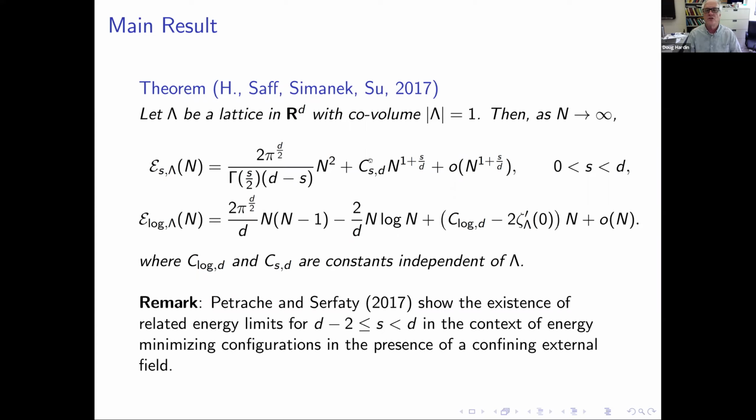And we get that these two constants, CSD, and then, in the case of S is 0, the log constant, don't depend on the periodization lattice. Of course, if you're trying to establish optimality for a particular n and a particular lattice, I should have mentioned that, for example, Oleg Musin has a nice paper on Z2 periodic finite configurations.